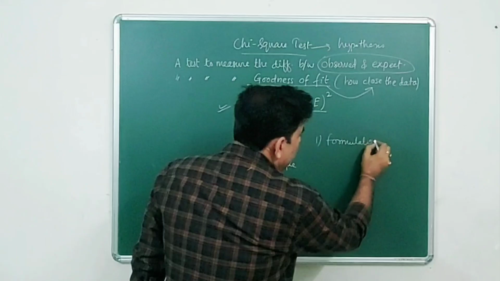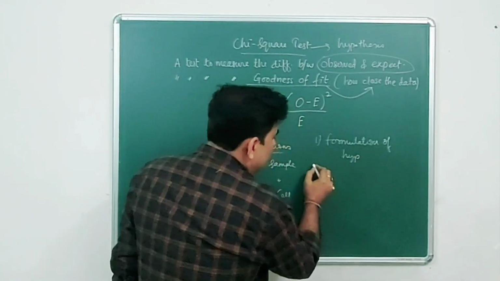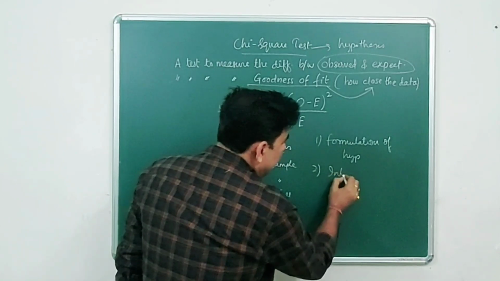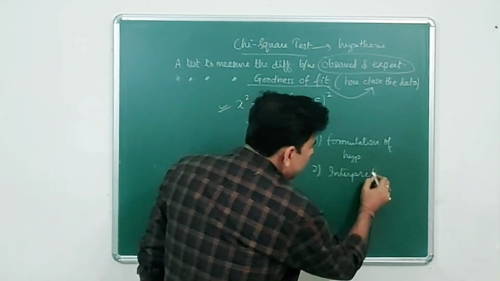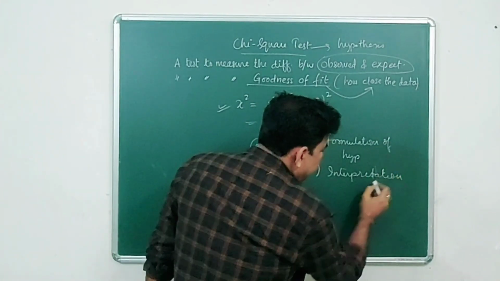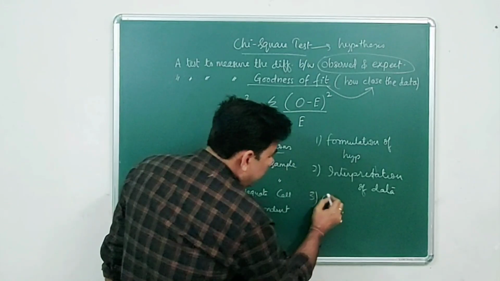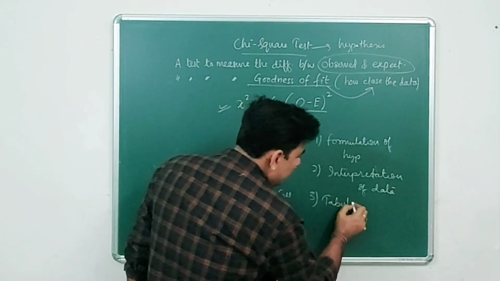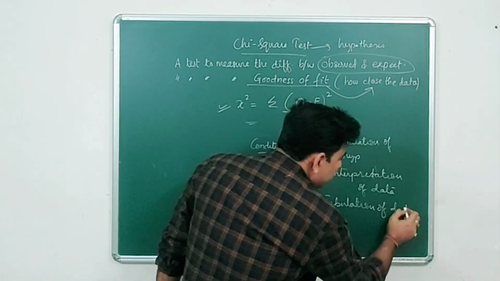This is one very important question, formulation of hypothesis. Then you should study about interpretation of data. You should study about tabulation of data. So this is again an important question.